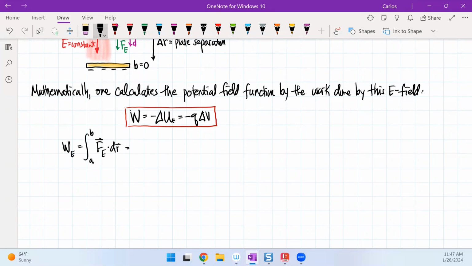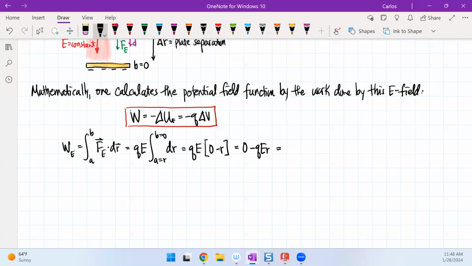This will be QE times the integral from A equal to R to B equal to 0 of dr. So as a result of this, we get Q times E times the quantity 0 minus R. In other words, what we're really getting is 0 minus QER.